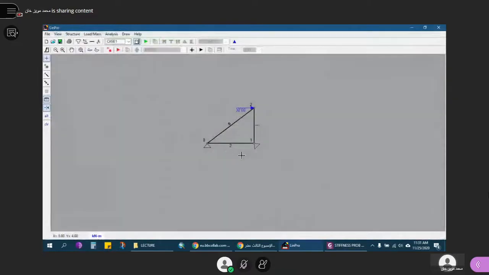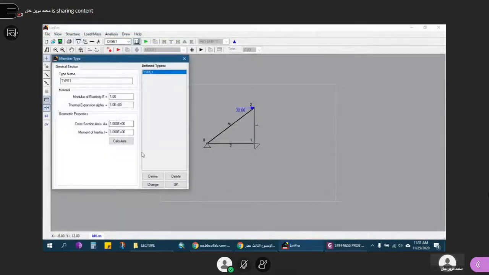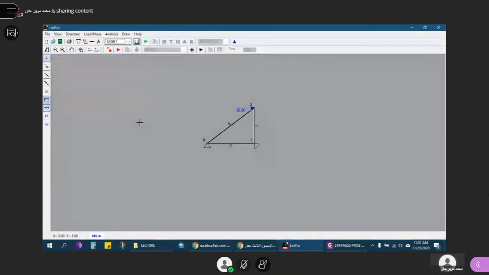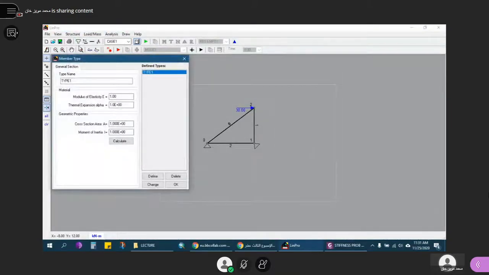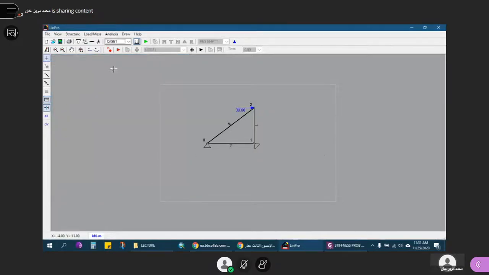So I think we should not change the values of that. Let me do it. One second. One second.